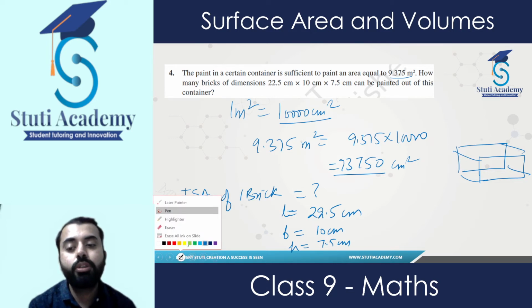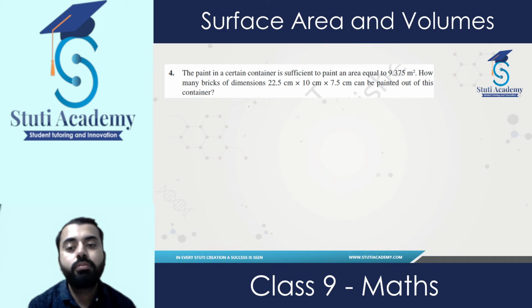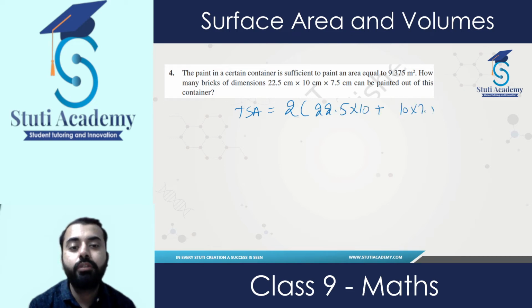Now let's go to its total surface area, which is 2 times (LB plus BH plus HL), that means 5 into 10 plus 10 into 7.5, and 7.5 into 5.